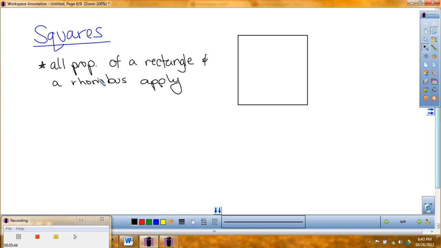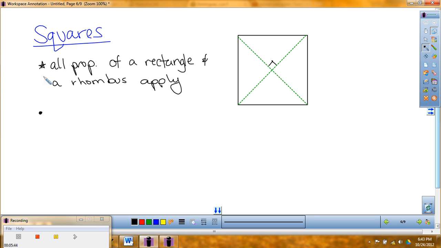The only special property we're adding on top of everything we've just discussed is that, as in a rhombus, the diagonals create 4 congruent triangles. In a square, we still get 4 congruent triangles, and our diagonals are meeting at right angles and bisecting each other.